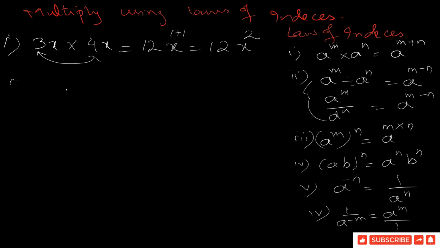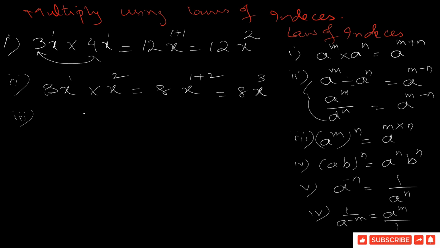Similarly, for the other question, 8 times x squared becomes 8x power 1 plus 2, because if nothing is showing on the power, it means there is 1. So this is 8x power 3.